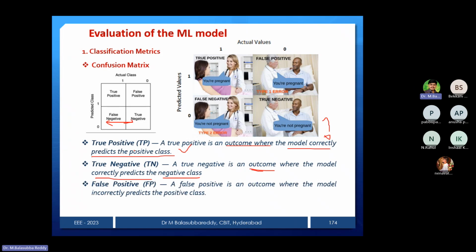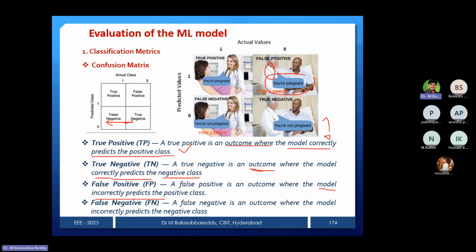And false positive is an outcome where the model incorrectly predicted the positive class. The prediction itself is wrong. That is the reason we say incorrectly predicted in the positive class.